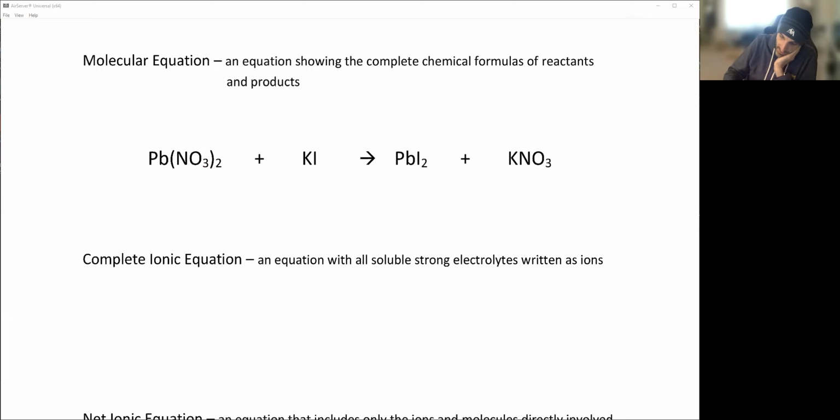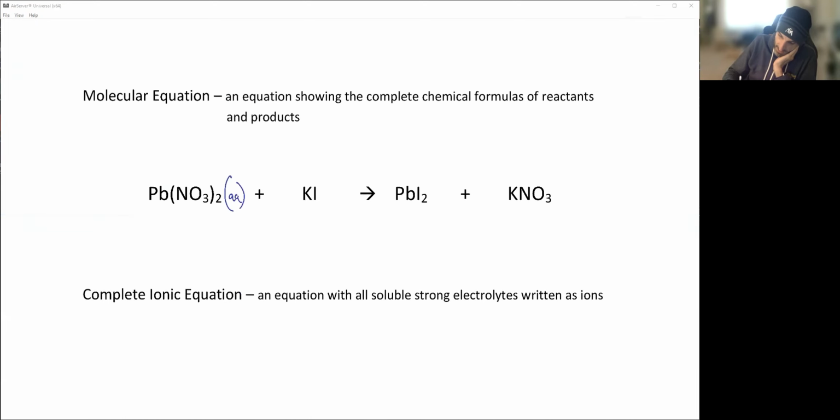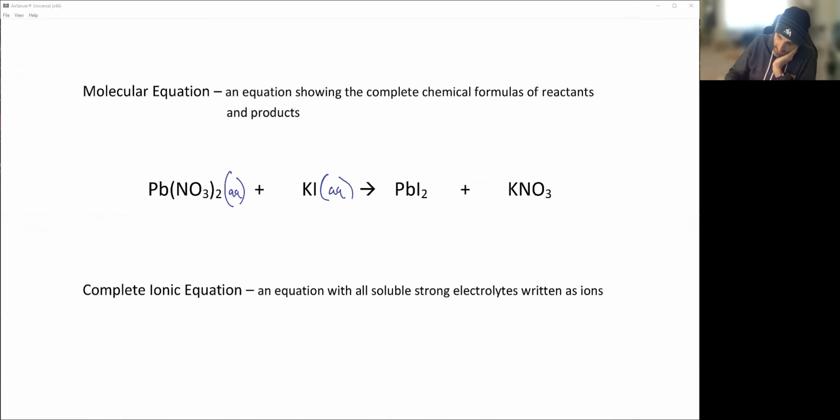And we've already done the solubilities for these. So all nitrates I know are aqueous. Potassium iodide has got group 1, so I know that's aqueous. Lead iodide we found out was solid, and potassium nitrate is aqueous. Again, I know those phase tags because I looked at the solubility table. So this is called the molecular equation.